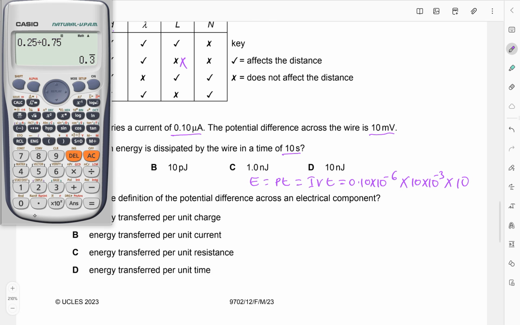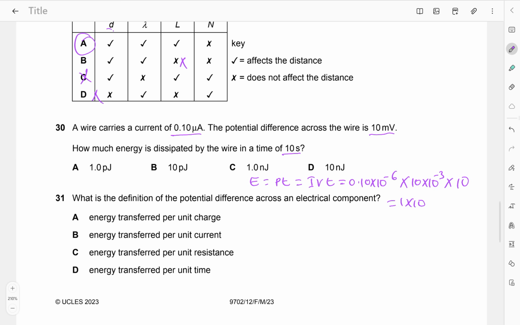So let's check. 0.1 times 10 exponent negative 6, that is micro, then times 10 exponent negative 3, that is millivolts, then times 10. So I have 1 times 10 power negative 8.